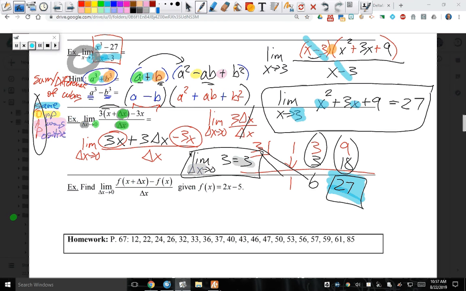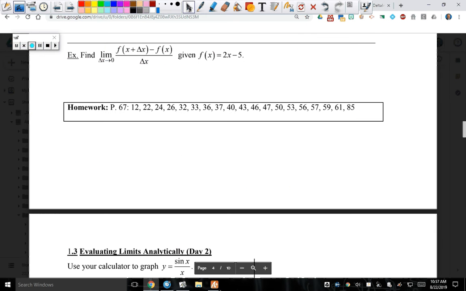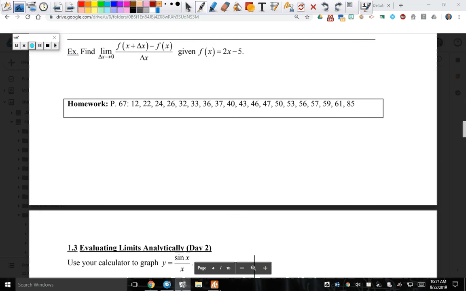All right, let's keep going. They try again. They want to see if they can confuse you with what you see with all these different variables and whatnot. Okay? So we have f of x plus delta x minus f of x all over delta x, and this is our function.